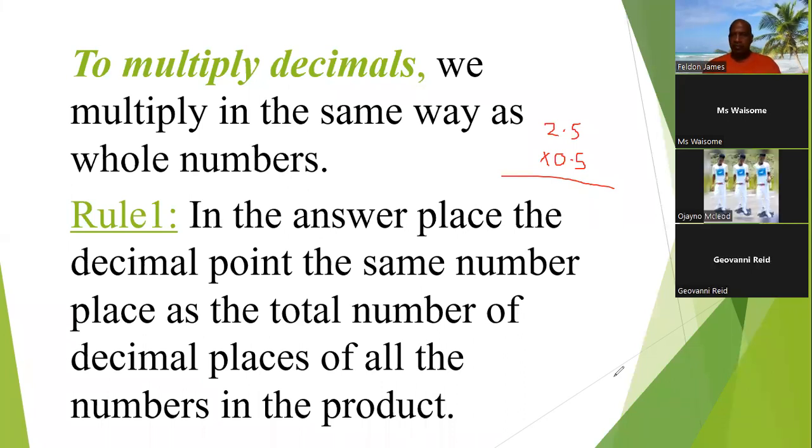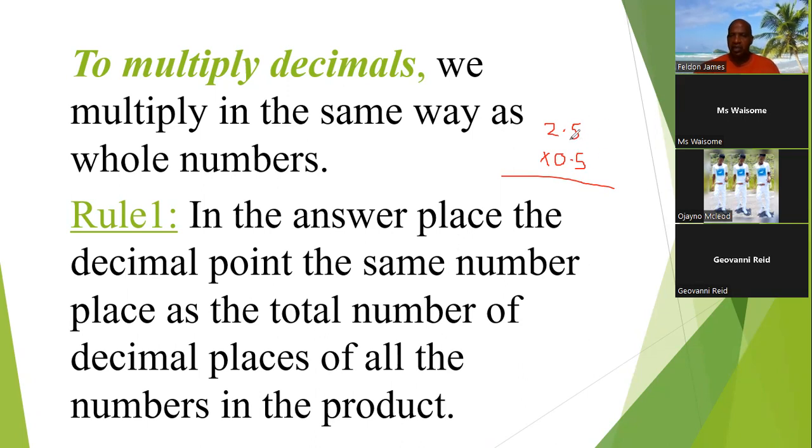Sir, because there are 2 numbers behind the points, 5 and 5. Right, so in the first number, which is 2.5, you have one number behind the point. In the second number, you have another number behind the point. So 0.5 has one number behind the point, 2.5 has one number behind the point.